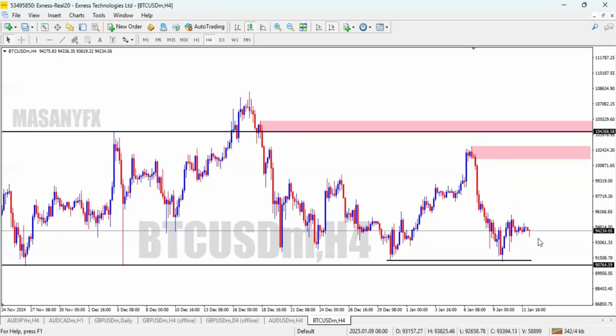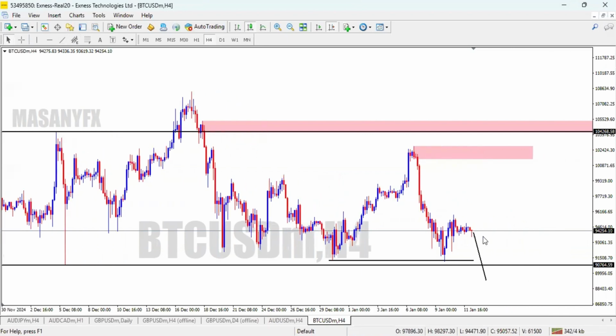But if this move can break here, like this, break this line, this zone will become invalid, but will be regarded as a higher fake out zone.